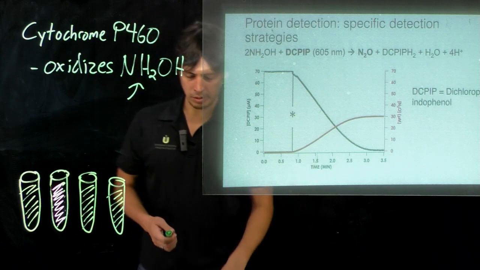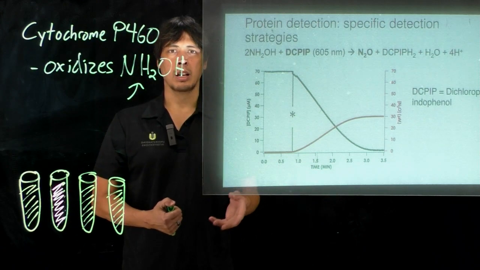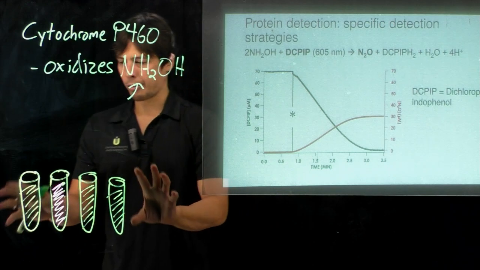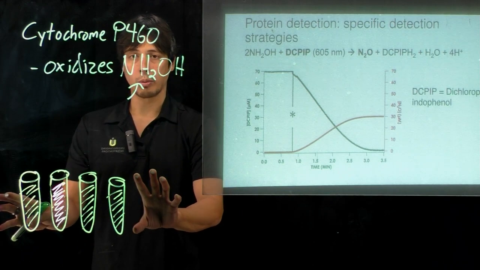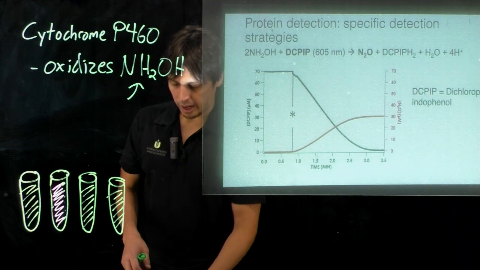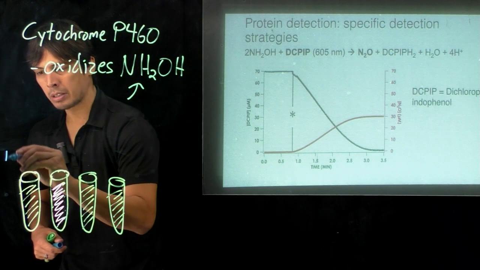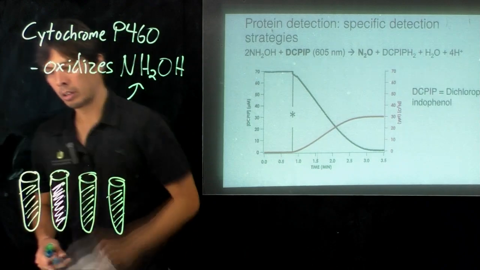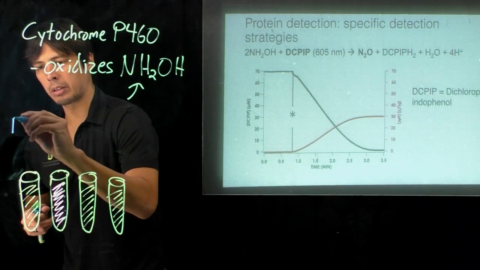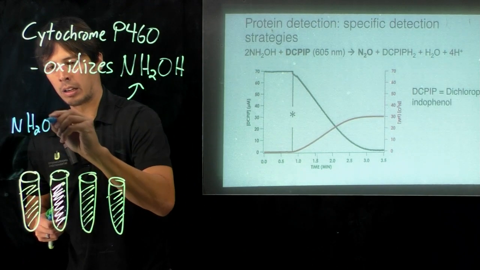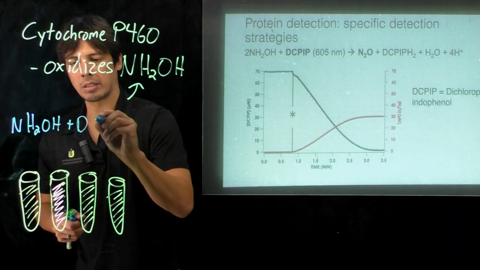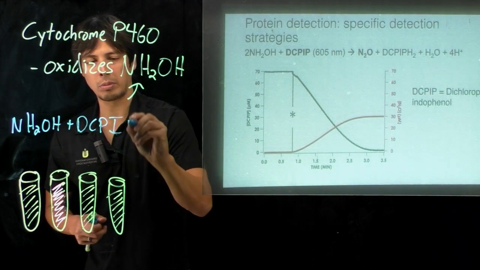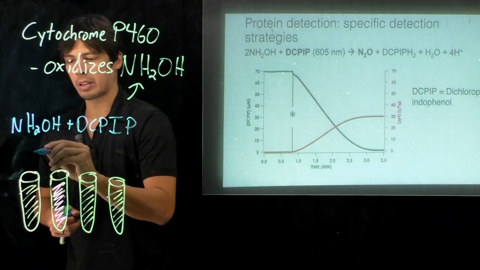And so in doing this, we have an alternative means to test our fractions to figure out where the protein is. So we can add hydroxylamine and DCPIP to these and see which ones either consume DCPIP or produce nitrous oxide.